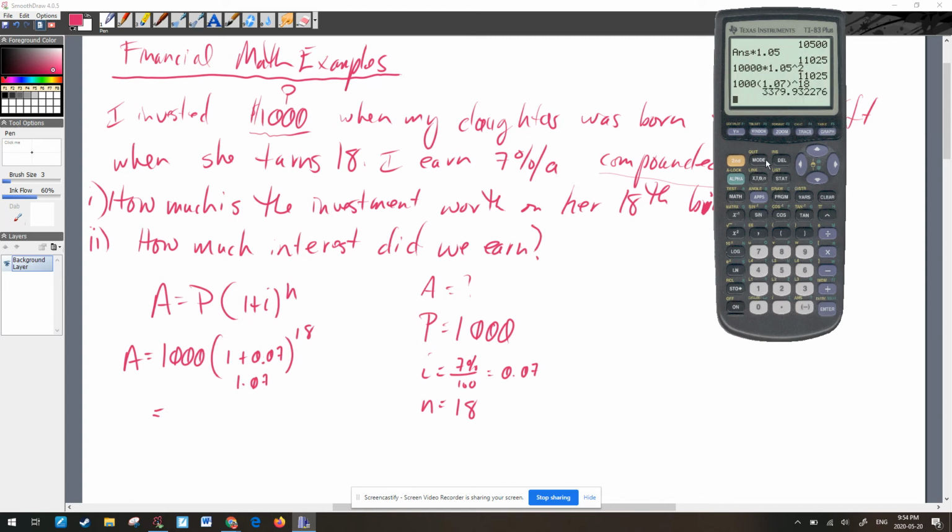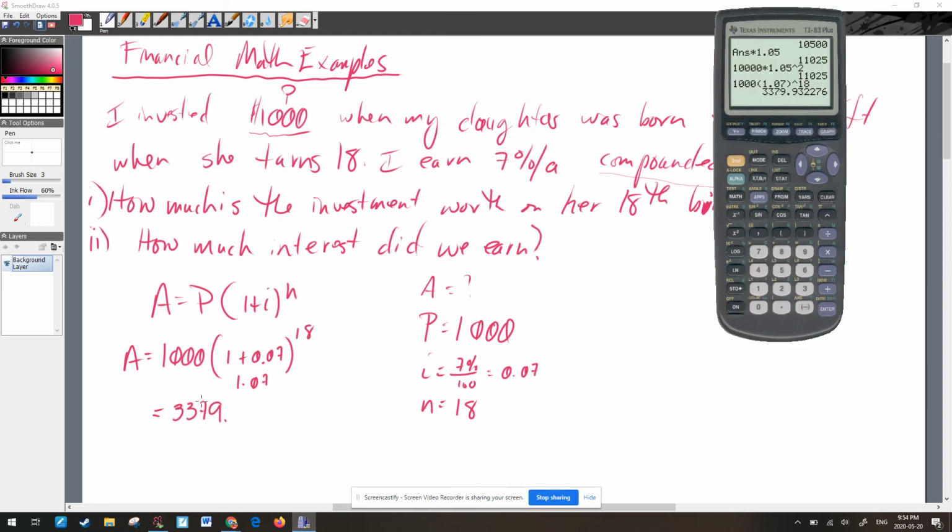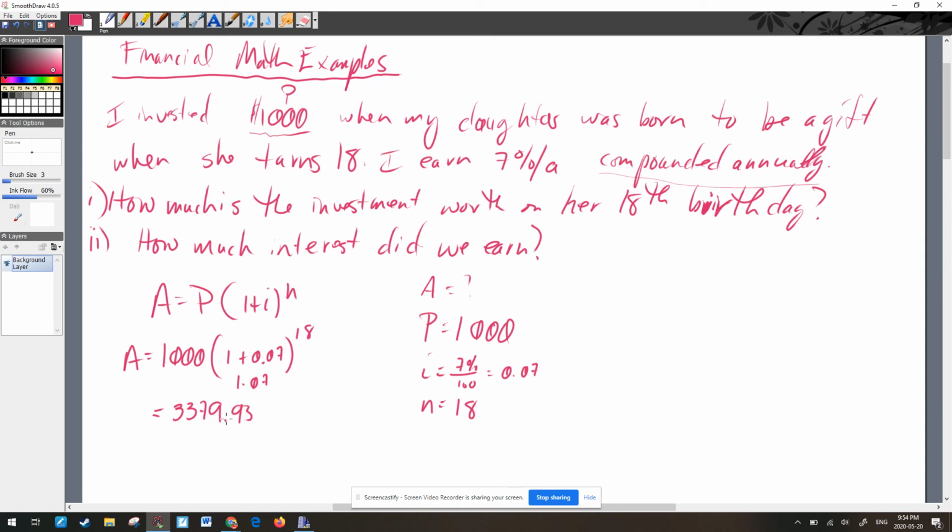Here we go. $3,379.93. So first question was, how much is the investment worth on her 18th birthday? There it is right there. It's worth $3,300, almost $3,400. So that's the first question.